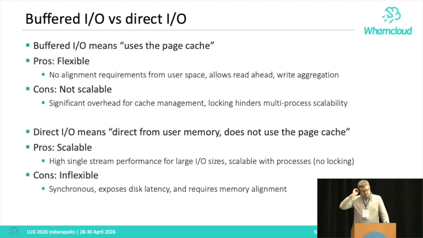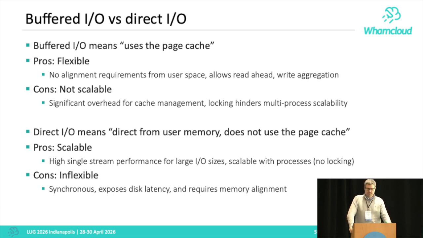So let's look at the specific pros and cons very briefly for each of these modes. For buffered I/O, this basically just means it uses the page cache. It's flexible in the sense that there are no alignment requirements, because writing to the page cache gives you that alignment.